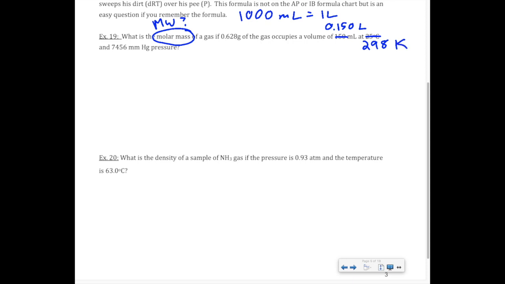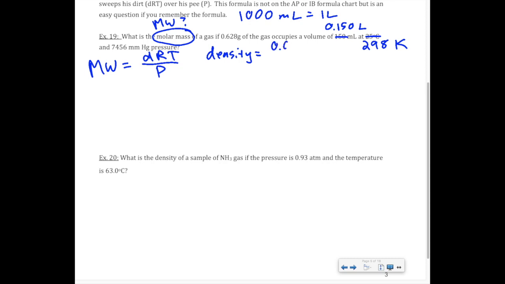Well, so we know the molecular weight is dRT over P. I need to figure out the density because it doesn't explicitly tell me what the density is, but I know that density is going to be the mass divided by the volume.